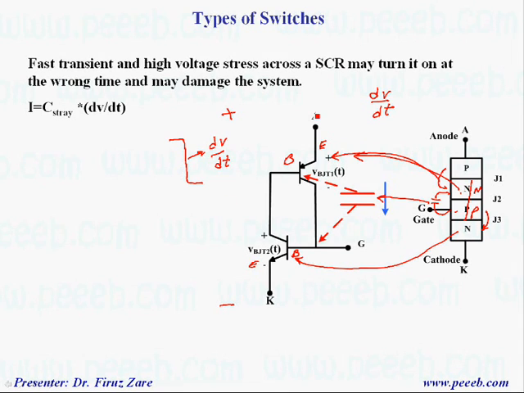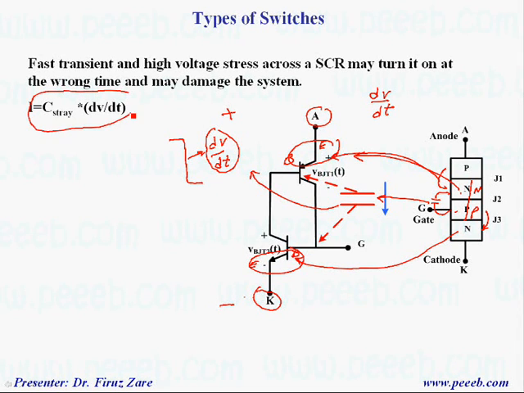In this configuration, looking at anode and cathode, because this voltage drop is negligible, if we have significant dv/dt, because of this capacitive coupling we may have significant leakage current, and this leakage current can act as a gate current, which may turn on the thyristor.